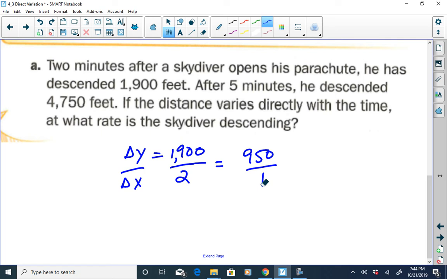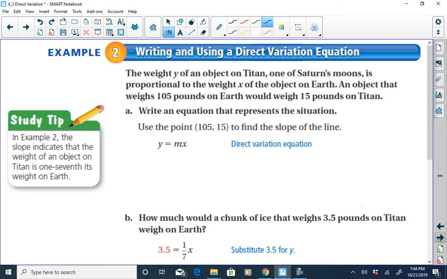Well, what does that mean in the context of this problem? It means that the skydiver descends at a rate of 950 feet every 1 minute, in the context of this problem.